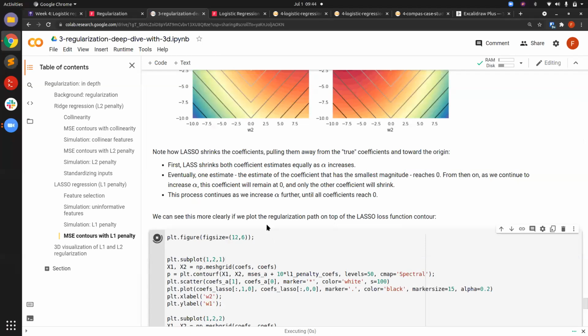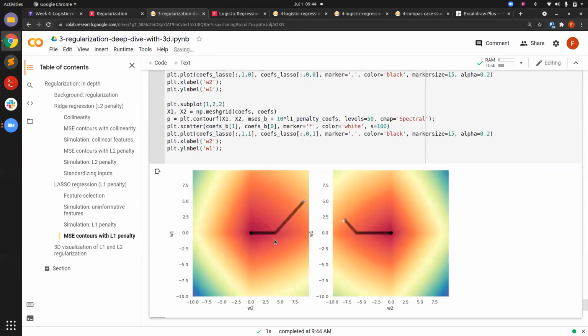We can see it a little more clearly if we plot that regularization path on top of the overall cost function. So this is an overall cost function, including both the mean squared error term and the penalty term for some value of alpha. We can see that in this region, the path of greatest descent is kind of here.